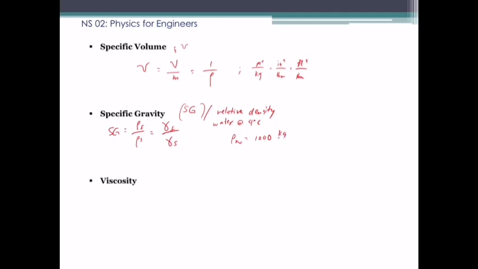You must know this standard value of the density of water, or in English units, 62.4 pound mass per cubic feet.